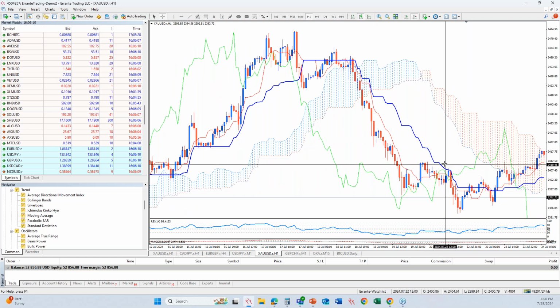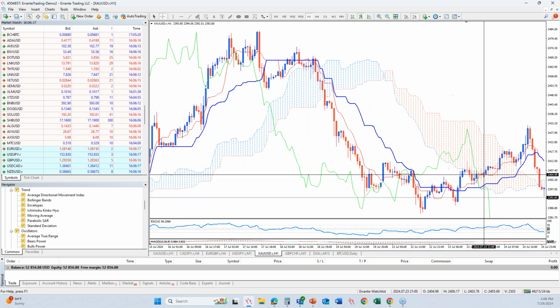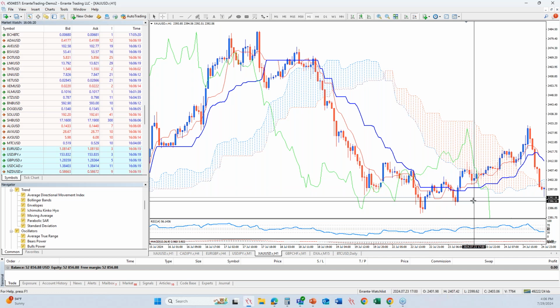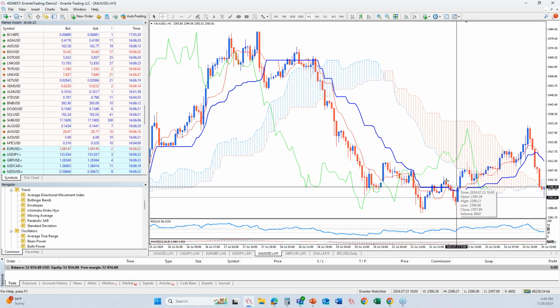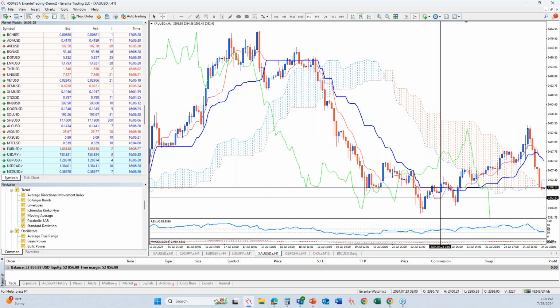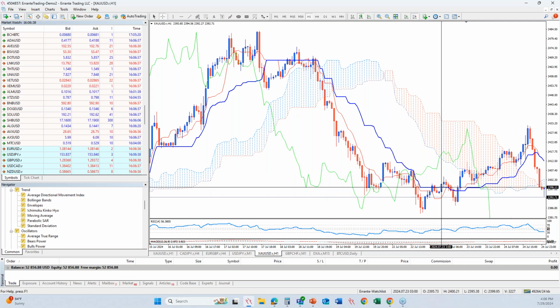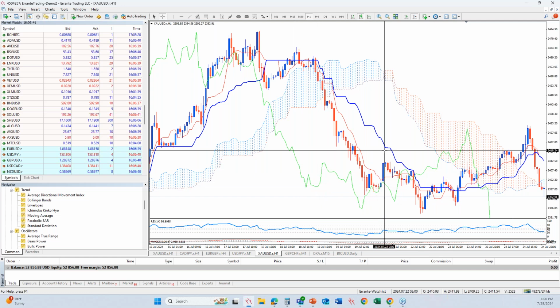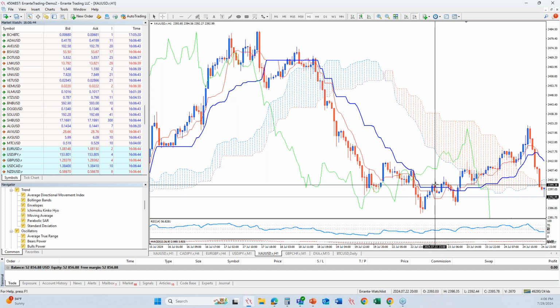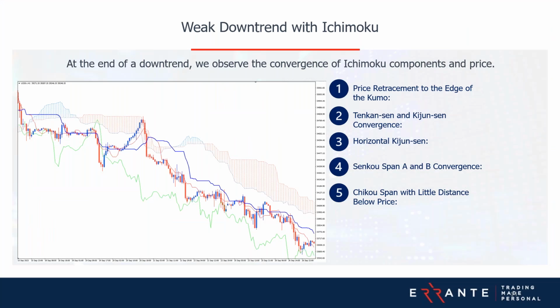And here, okay, as we discussed, you see when price retraces to the edge of the Kumo, we have the Tenkan-sen and Kijun-sen convergence, and sometimes the crossover in the opposite direction, and then we have the horizontal Kijun-sen as we see here, and the price getting closer to the Kumo, and the Chikou span with a little distance below the price, and we see the Chikou span is getting closer also to the price, and these are all good indications of lacking bearish momentum in this market.